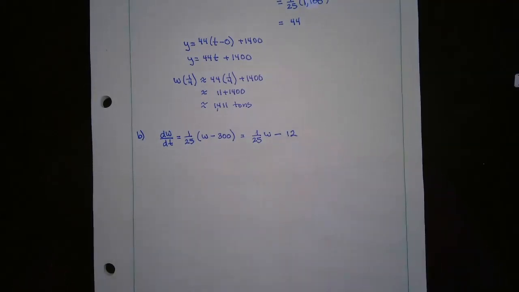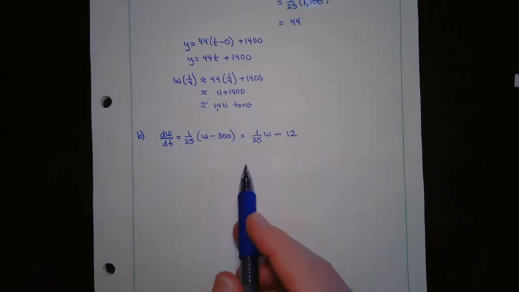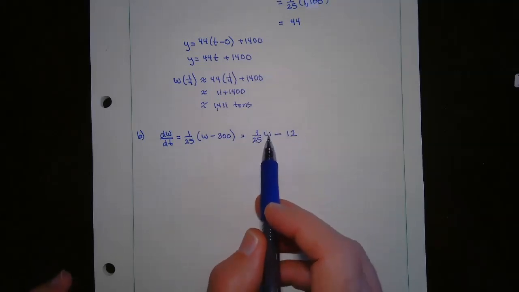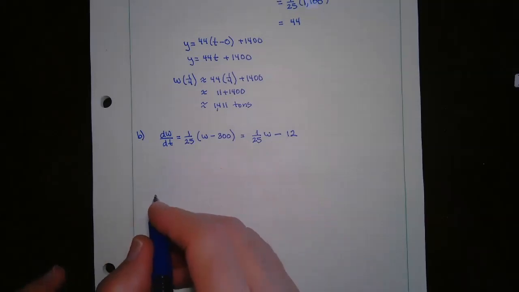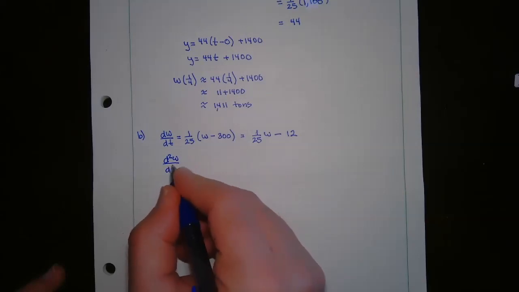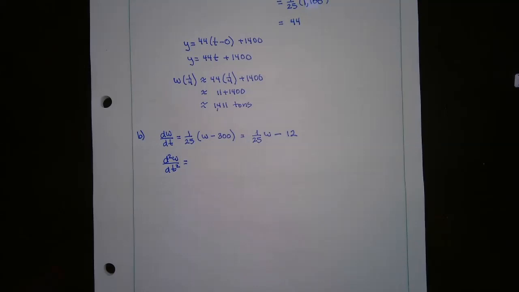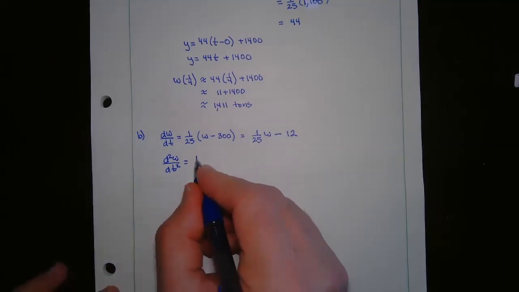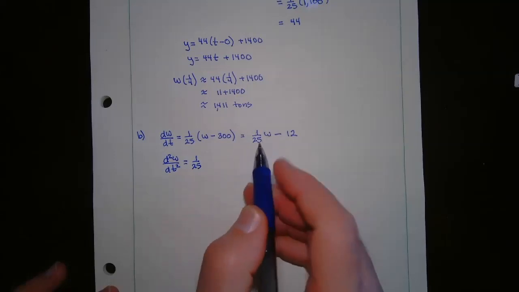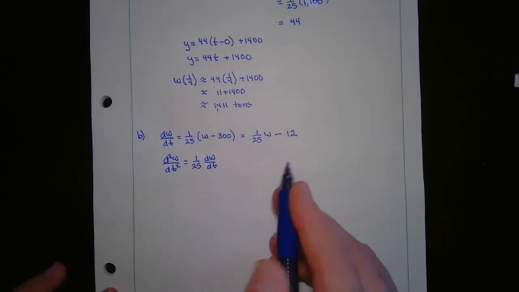Now, what happens when we take the derivative of this with respect to t? This is going to be 0, and this is going to be dW/dt. So the second derivative of W with respect to time for the second time, that's the notation, it's in the question too, would be 1 over 25 times the derivative of W with respect to t, which is dW/dt, minus 0.